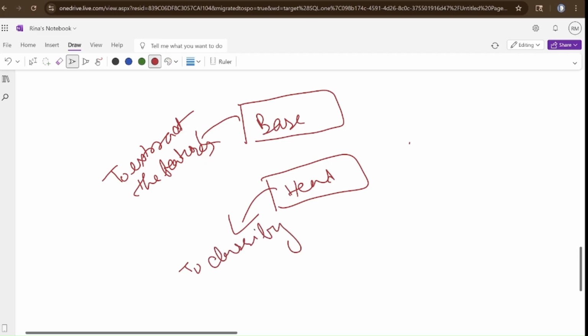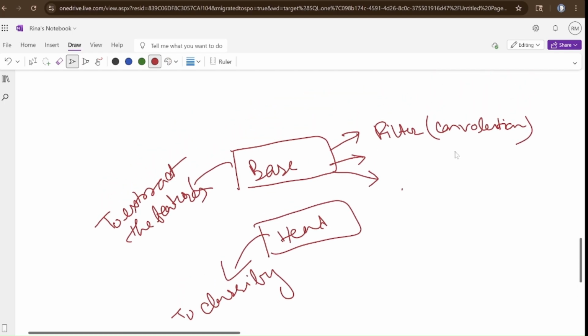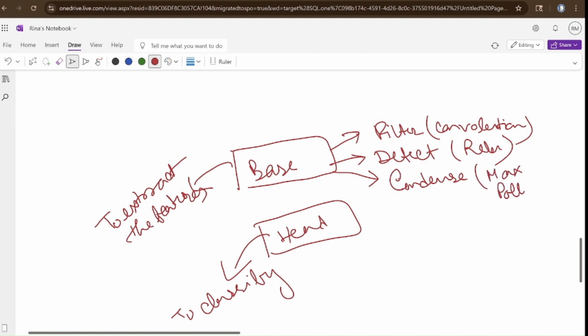Now in the base part, you have three jobs. One is filter. Filter is done by convolution, which we have already understood. The second part is detect, which is done using the ReLU activation layer, and the next one is condense, which is done by max pooling.